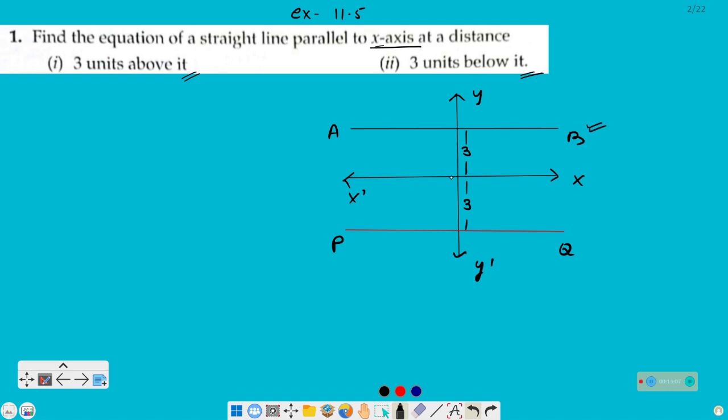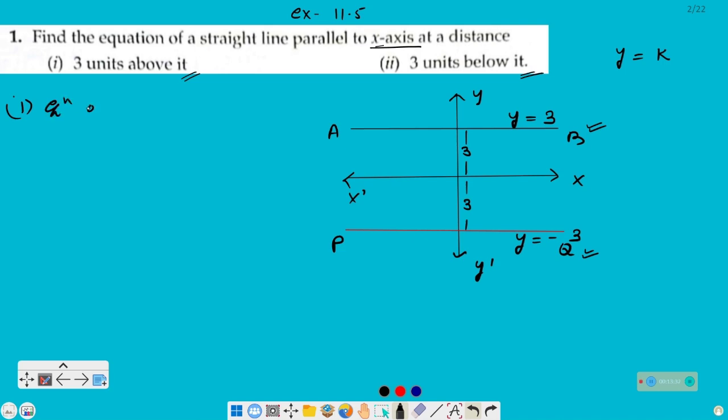First line AB is in positive direction of y-axis and second line PQ is in negative direction of y-axis. So equation of line parallel to x-axis is y is equal to k. This line will be y is equal to plus 3 and equation of this line will be y is equal to minus 3 because it lies in negative direction.